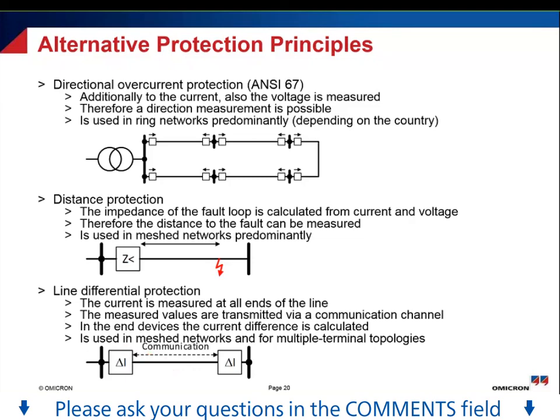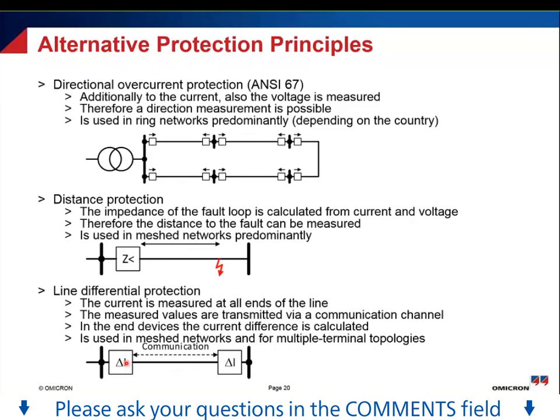So the device here measures its current and transmits the measured data to the other end. And the other end does the same, so it measures the current here and transmits the measured current to the end here. So in each of these end devices, they can compare the measurements on their own side with the measurements they get from the other side.